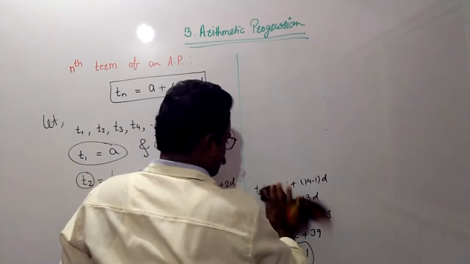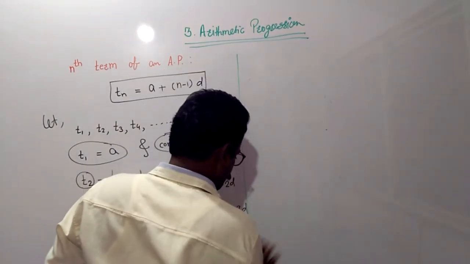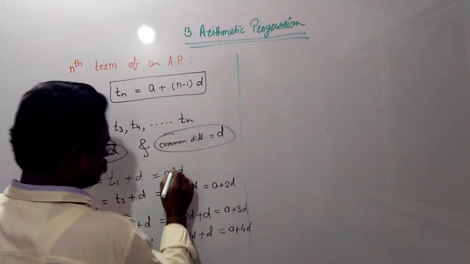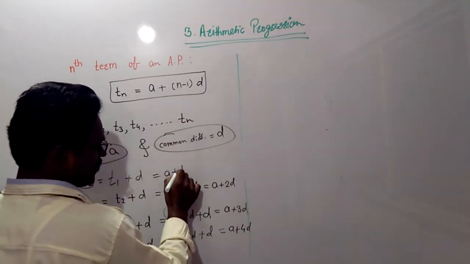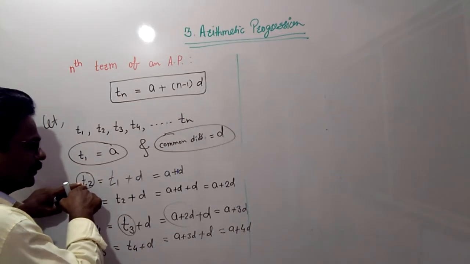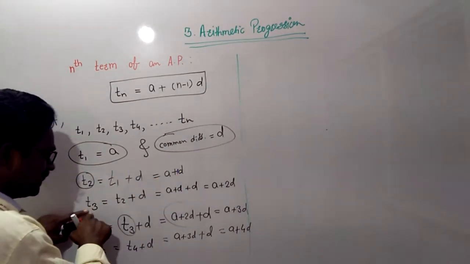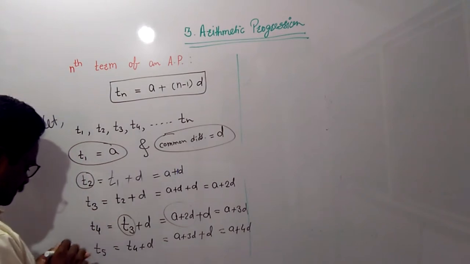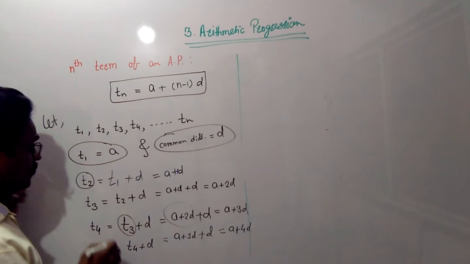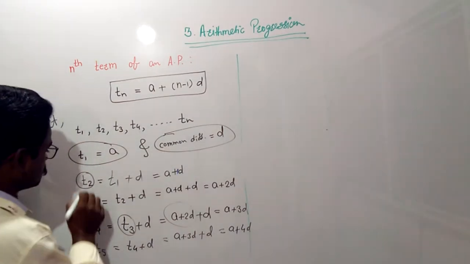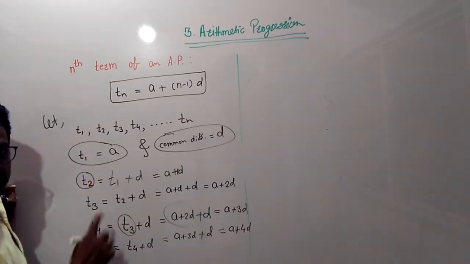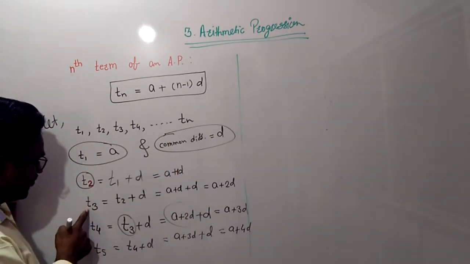Now only with the help of these expressions we can find out the formula. Now see here, this a plus d means a plus 1d. While finding T2, a plus 1d; T3, a plus 2d. See, the numbers which we need to focus on are these. T2 is equal to a plus 1d.